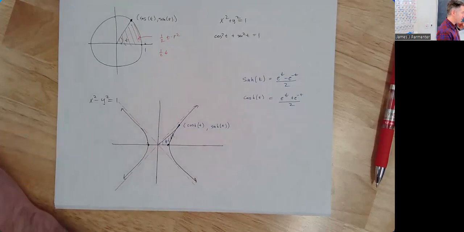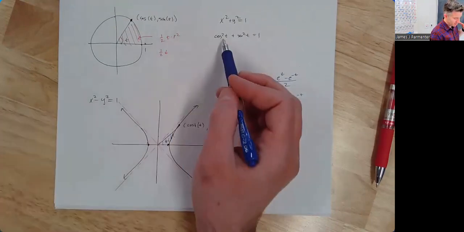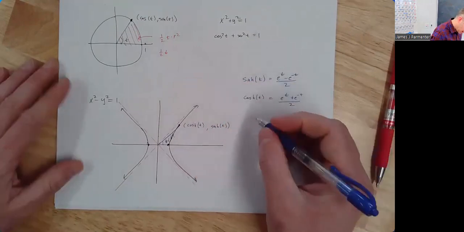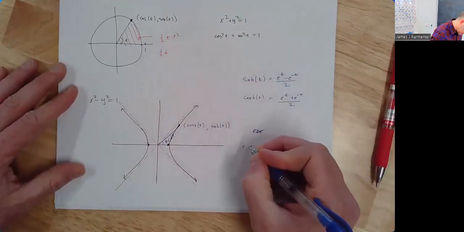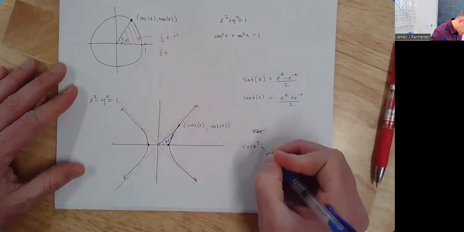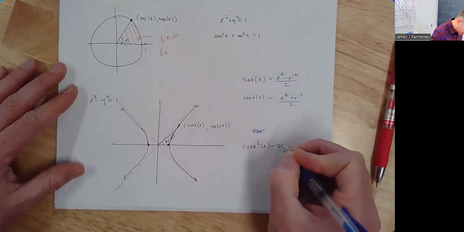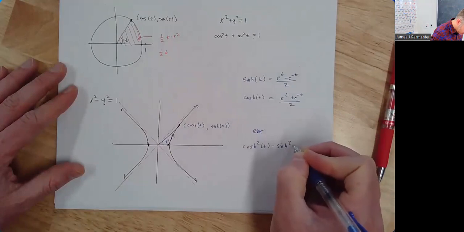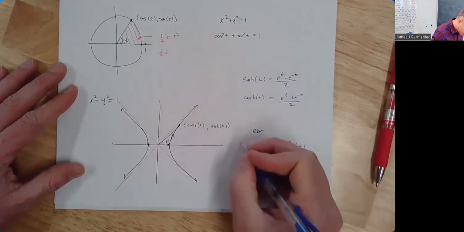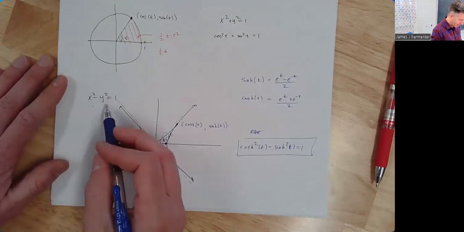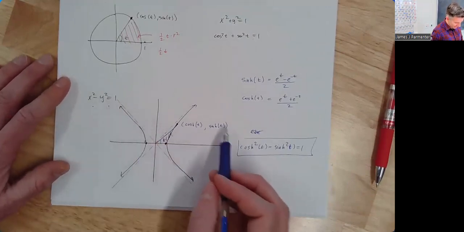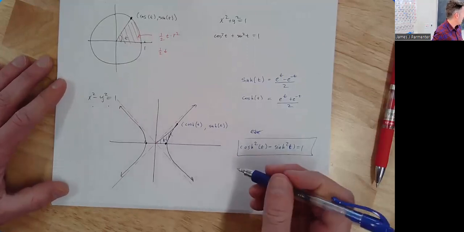There is a hyperbolic trig identity. Just like cosine squared t plus sine squared t equals 1, hyperbolic cosine squared t minus hyperbolic sine squared t equals 1. And so if x equals hyperbolic cosine and y equals hyperbolic sine, it exactly parameterizes a hyperbola.